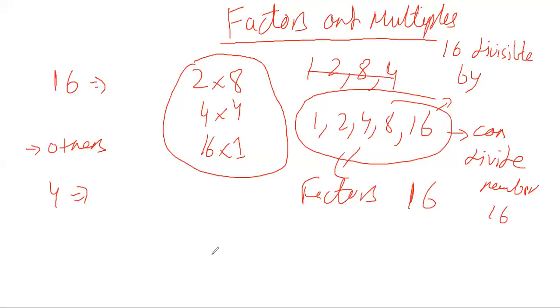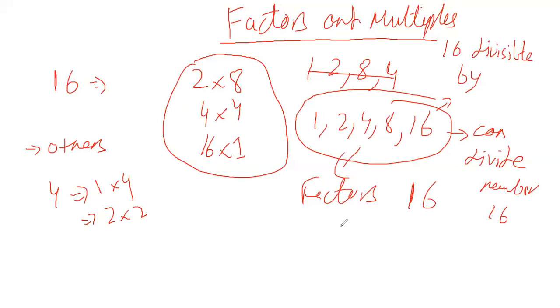So the possible factors are 1 into 4 and 2 into 2. Taha, is there any other way we can make 4? Good.